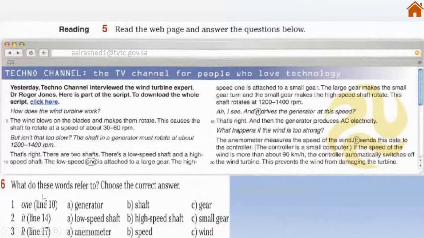For 6, we need to identify what these words refer to. Okay. For example, the first one, "one," is used if you want to replace something, or to substitute a noun.